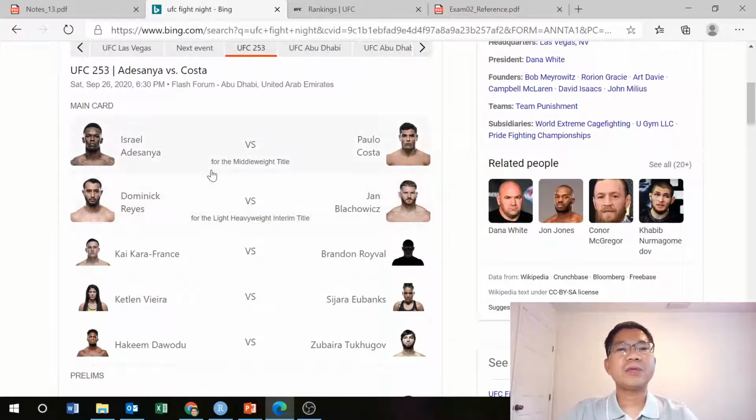And with that, you can see for the middleweight title with Israel Adesanya and then Paulo Costa. So that is the 2, and this is a defender, the best found so far. Whoever want to become a defender, this is a challenger, have to fight. So if the defender continue to win, then he become a still defender. If the challenger Paulo Costa win, he become a new defender.